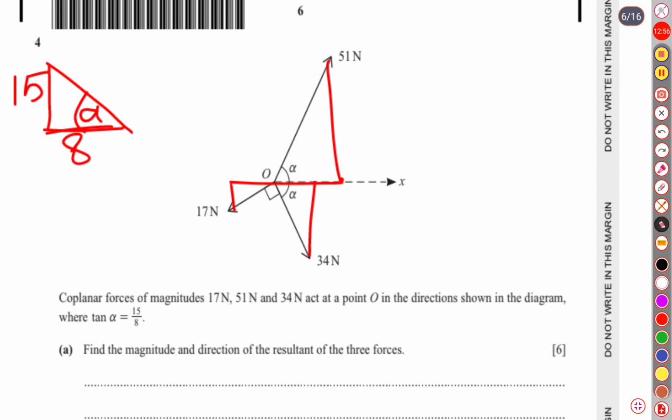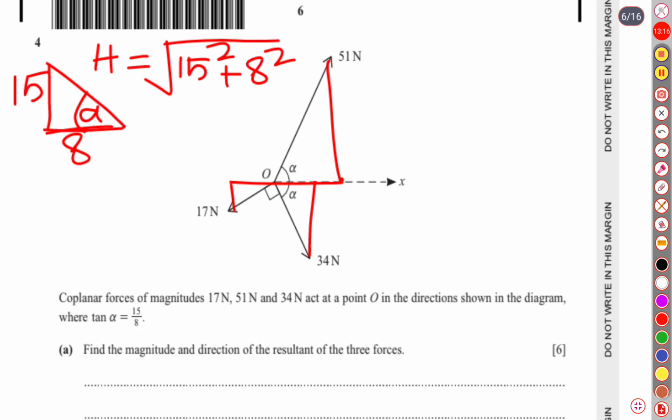How can we find it? The hypotenuse is equal to the square root of opposite square plus adjacent square. Adjacent is 8 square. So 15 square means 225 plus 64, 289. The square root of 289 is 17. So our hypotenuse is 17.